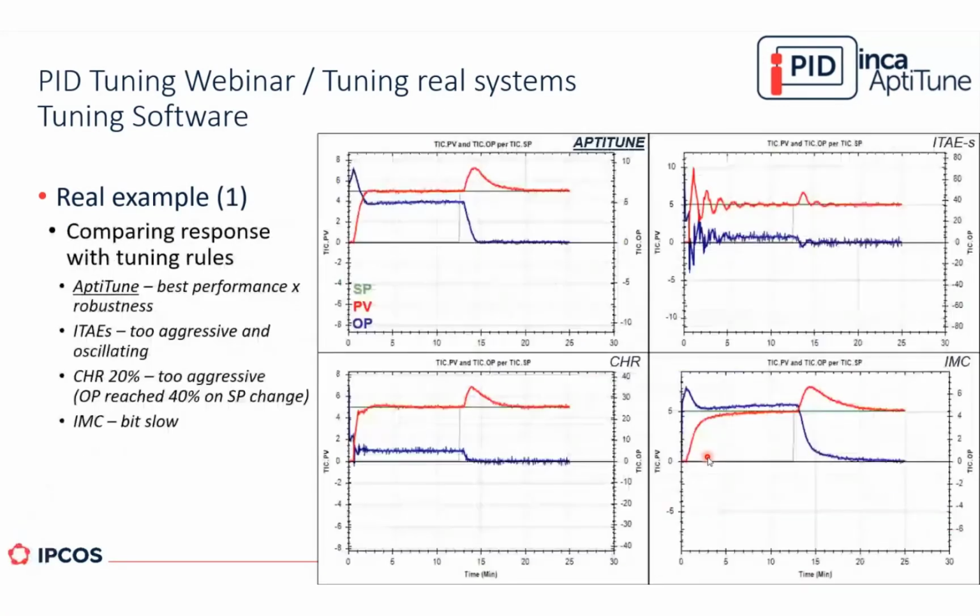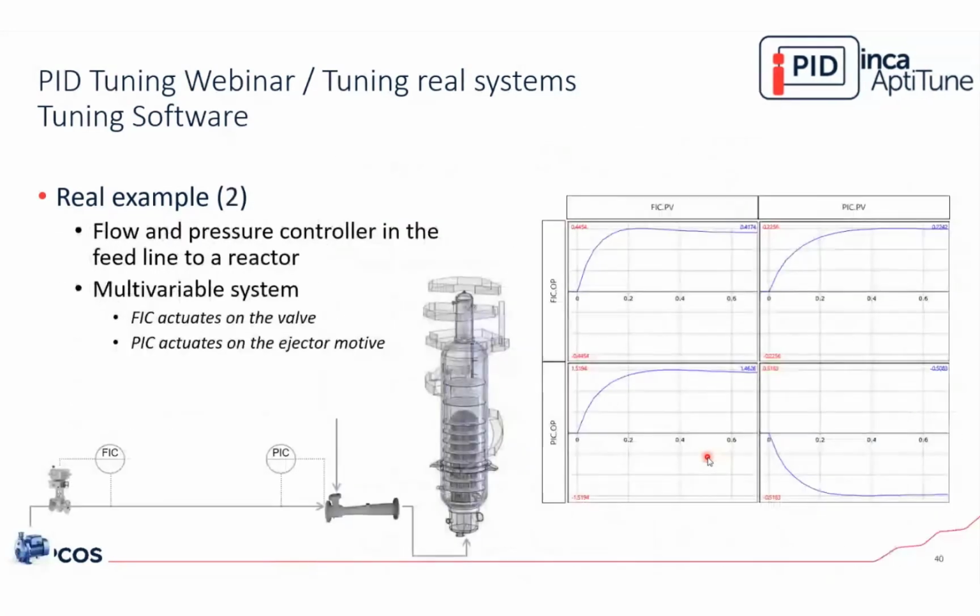So this was the first example. In the second example here, I have a multivariable process or a multivariable model. This was the feed line for a reactor, right? So we have one flow controller, which is changing a valve after this pump.